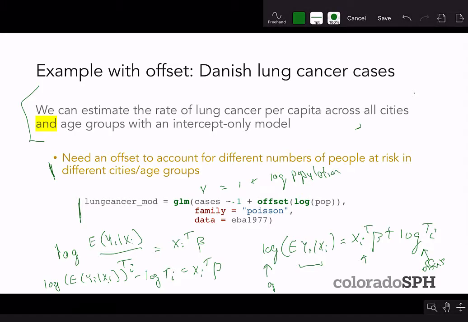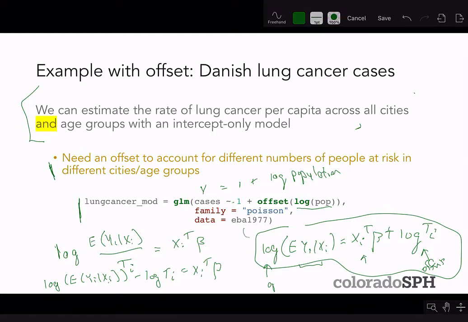And from this way that the model is set up, that's why you have to take a log of the population when you put that in the offset term, rather than just putting the population there. You need the log because that is coming from this particular model.